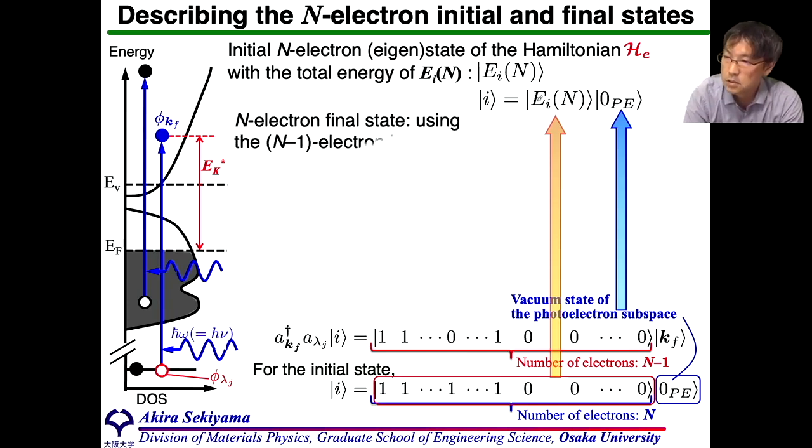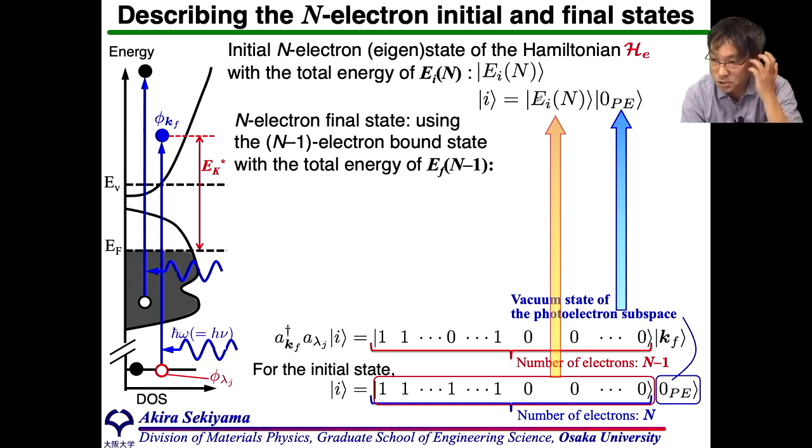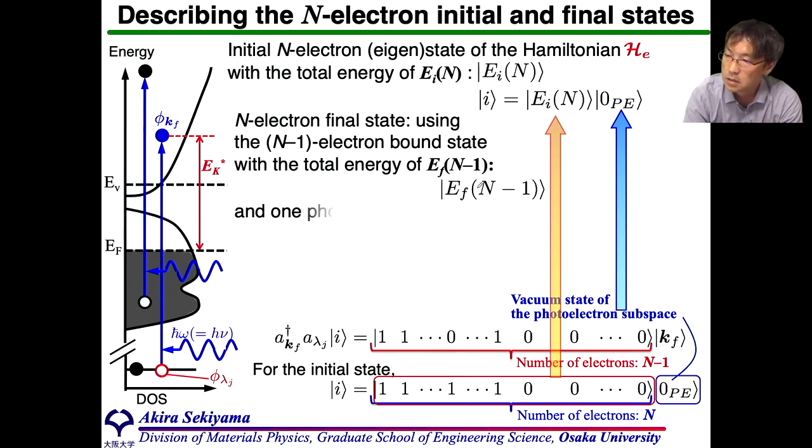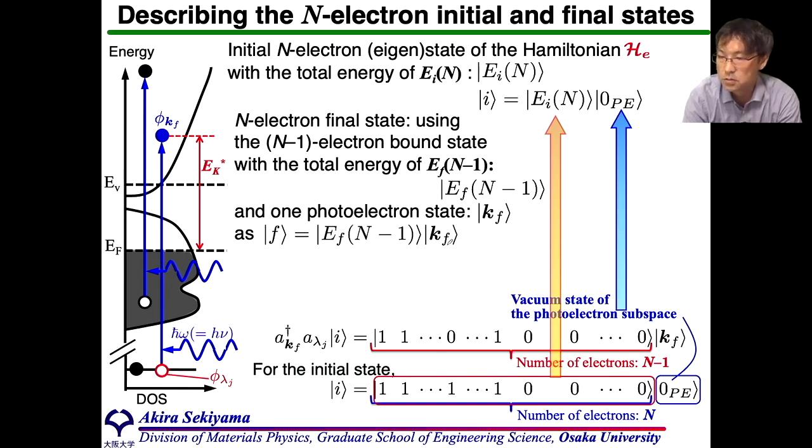By using the same notation, we can define the N-1 electron state as this formulation. Then the photoelectron final state is described by this formulation, the direct product of the N-1 bound state and the photoelectron state.